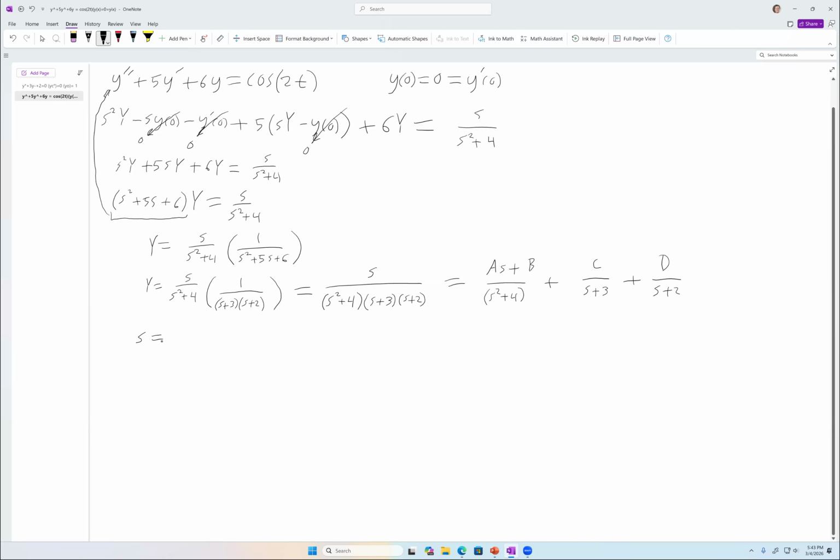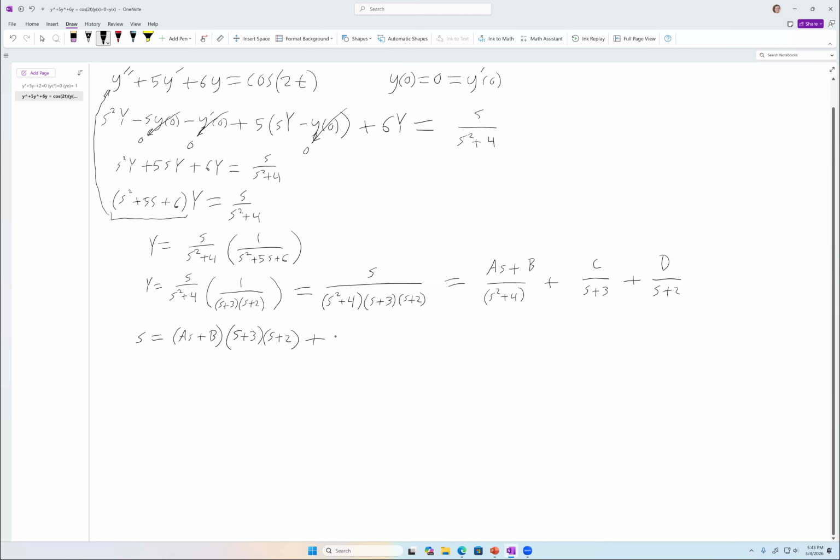So we're going to have S equal to (AS plus B) times (S plus 3) times (S plus 2).